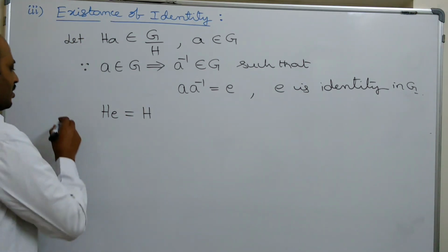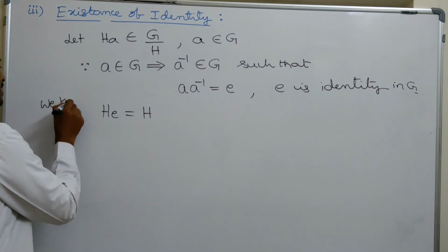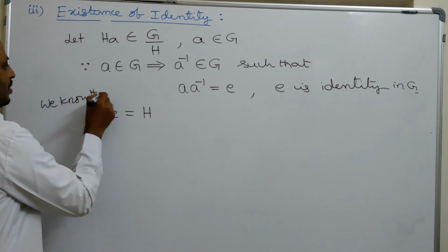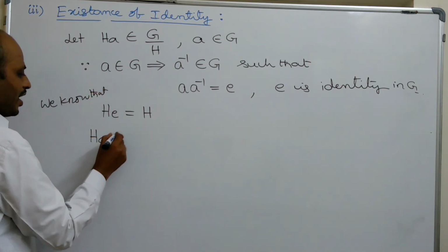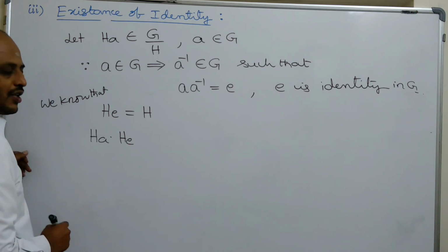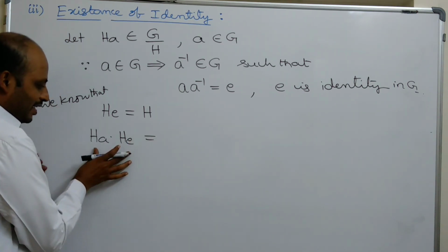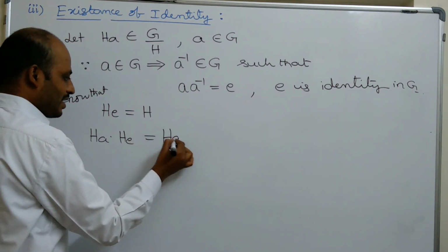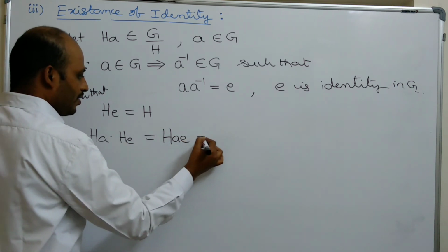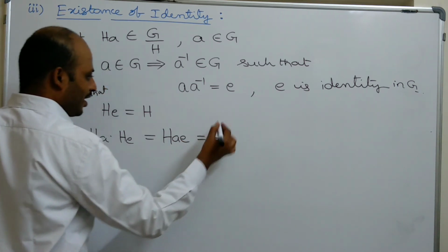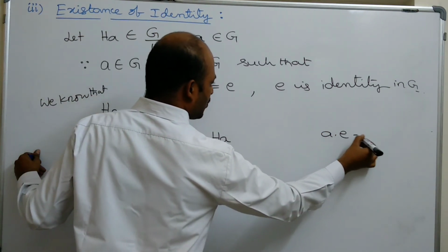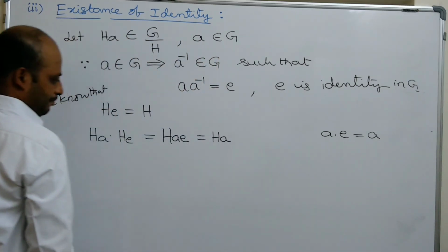We know that He is equal to H. Now calculate Ha into He. By the multiplication of cosets, it can be written as Hae, which is equal to Ha, because a into e is equal to a.